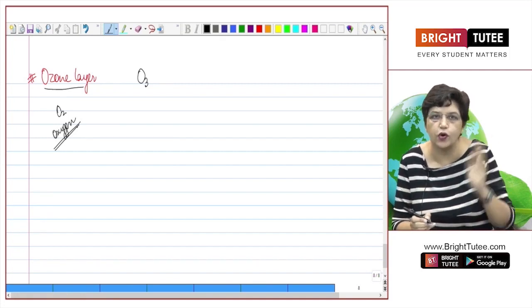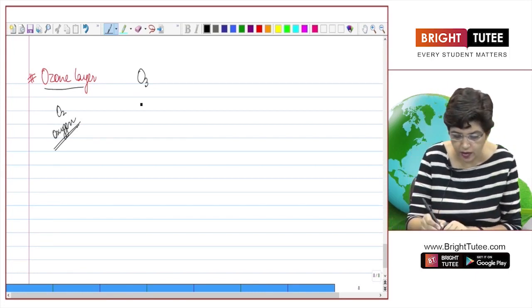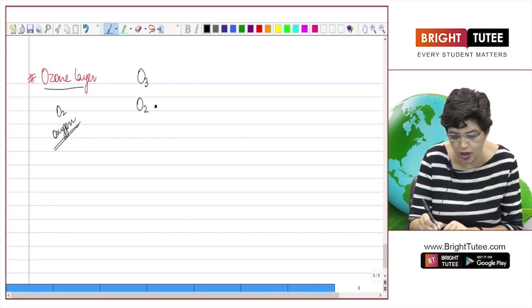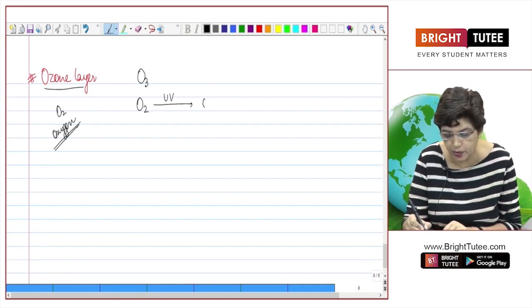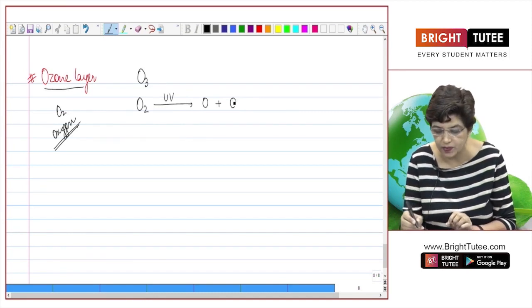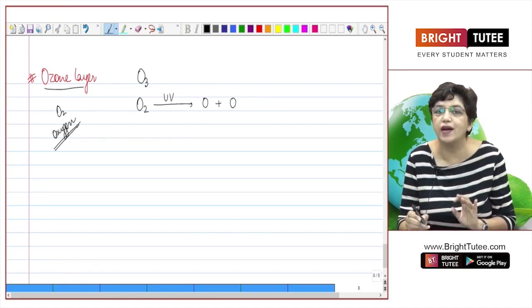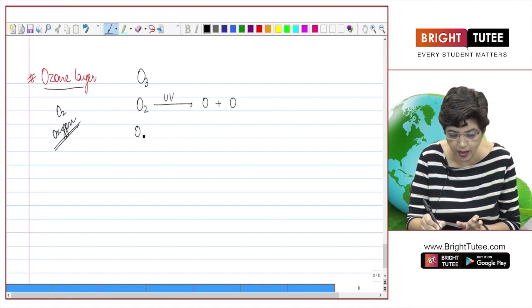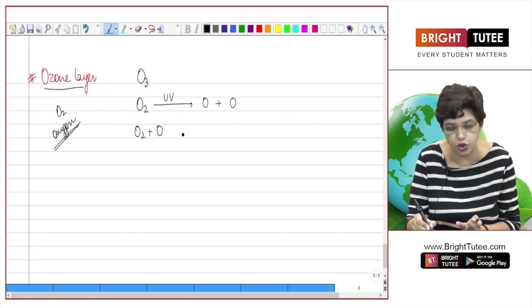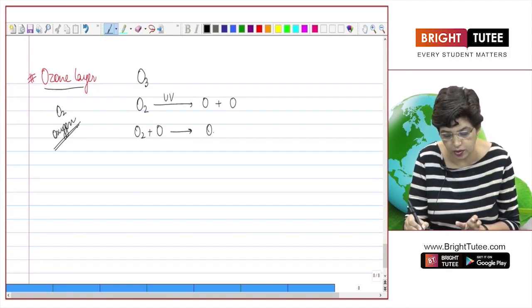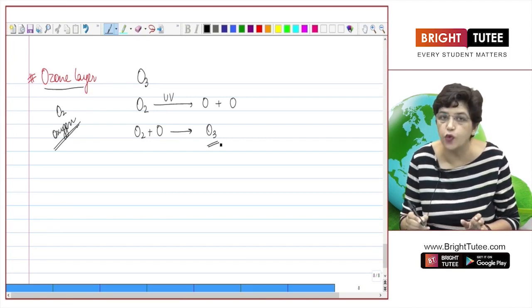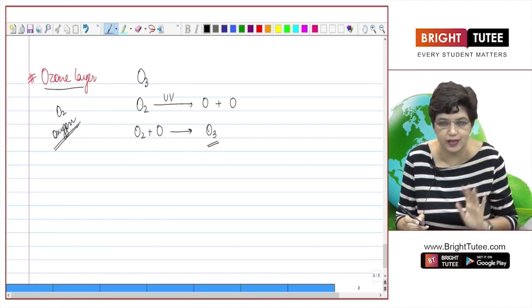Ozone is formed in the stratosphere when high energy UV rays fall on oxygen and break the oxygen molecule into 2 atoms of oxygen. These oxygen atoms are highly reactive. They combine with an oxygen molecule to form O3. This is how ozone is formed in the atmosphere itself.